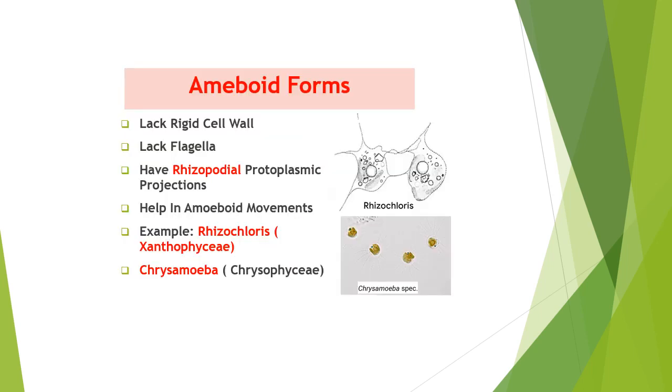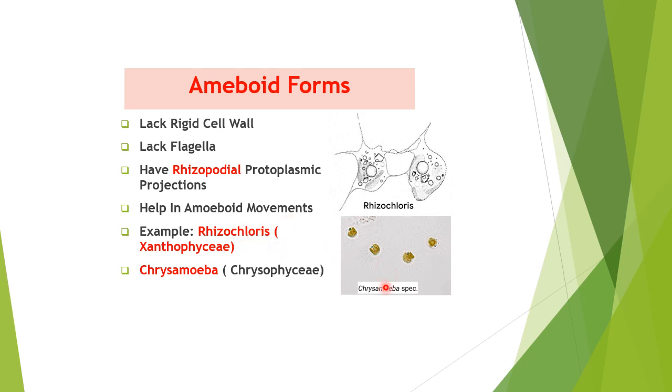In addition to this, you have amoeboid forms, where the movement is not because of flagella. They lack rigid cell walls and they lack flagella. Then how do they move? They move by means of protoplasmic projections called rhizopodia, which help in amoeboid movement.